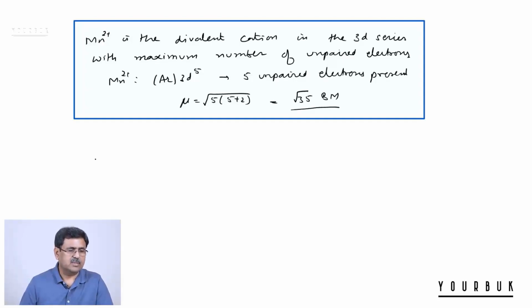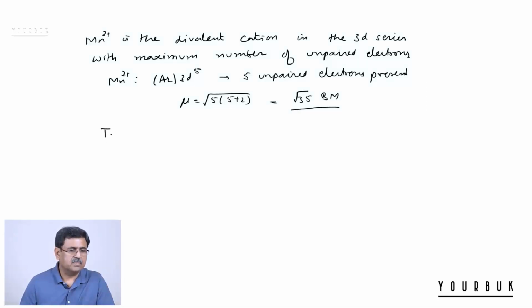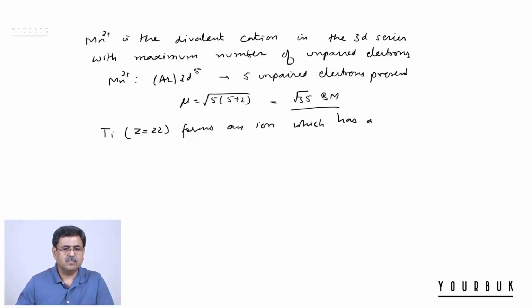Now we can take one more example. Now suppose you are given titanium. It has an atomic number of 22. It forms an ion which has a magnetic moment of 1.73 Bohr magneton.